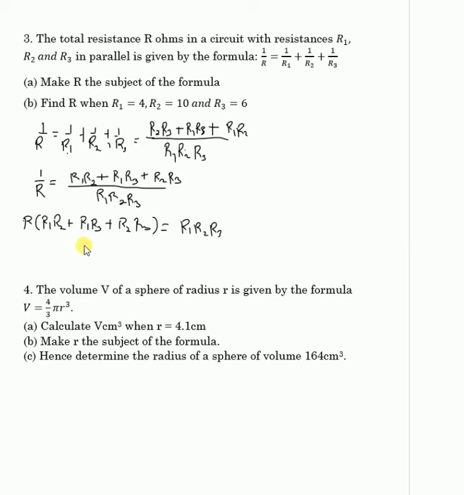So R alone is equal to R1 R2 R3 divided by this solo chunk, because on the left hand side it has crossed, but on the right hand side it shall remain there because it cannot cancel.